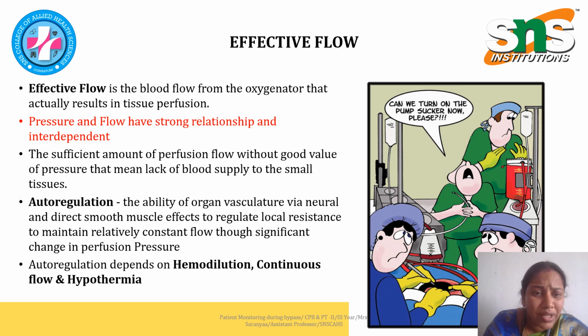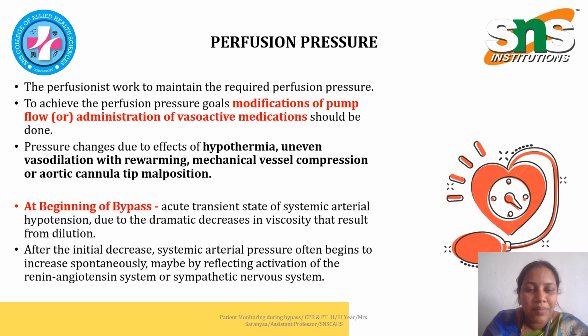How do you know that you are giving effective flows? It depends upon the pressure. How much pressure you generate in bypass, that is the line pressure, and the patient's systemic pressure as well as the mean arterial pressure, all have a correlation and a strong relationship which define the flows. The perfusion pressure will be affected by many factors during bypass: hypothermia, uneven vasodilation of rewarming, mechanical vessel compression and aortic cannula tip malposition.